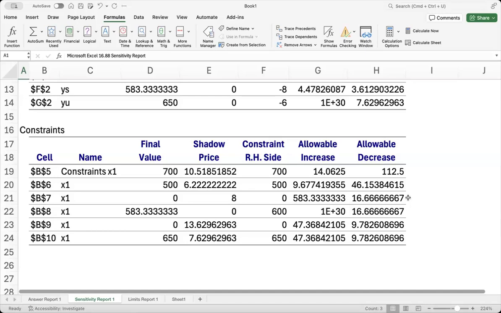By changing the right-hand side of this constraint by one unit, we can improve the objective function by 10.5185, by this value, this shadow price.